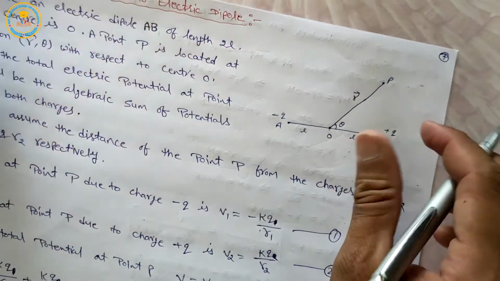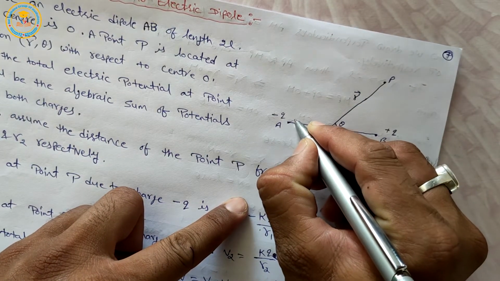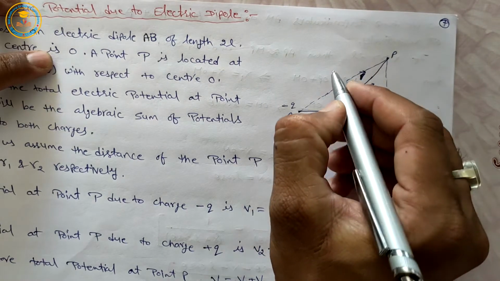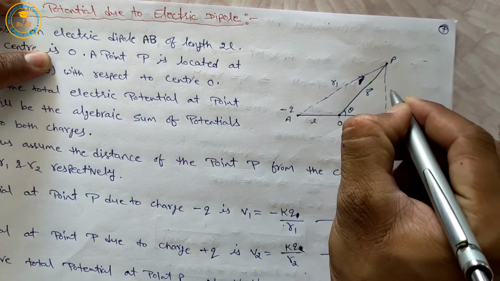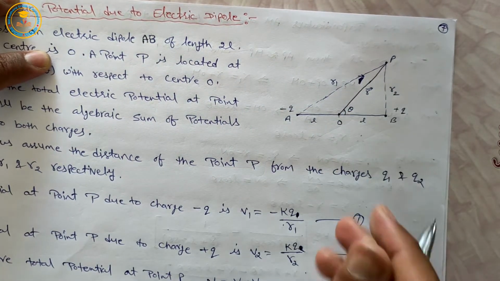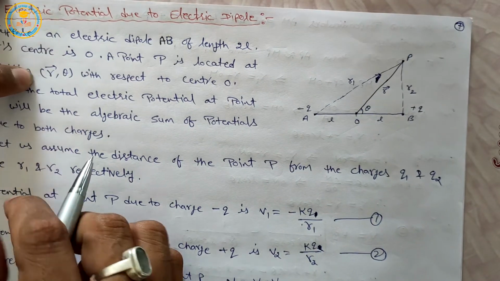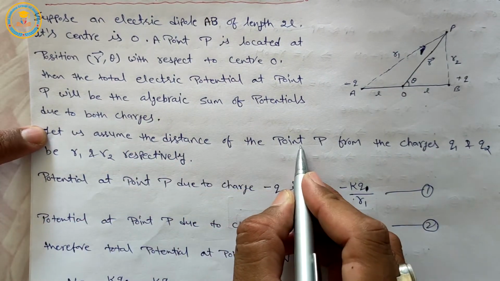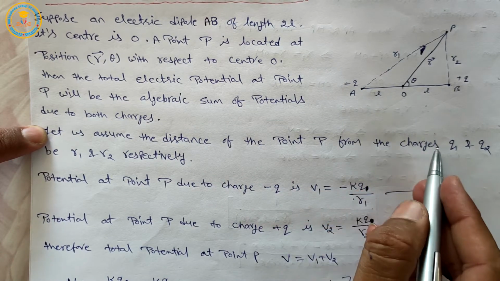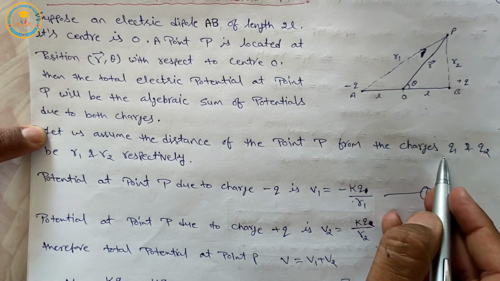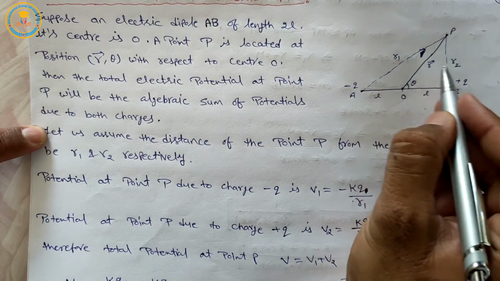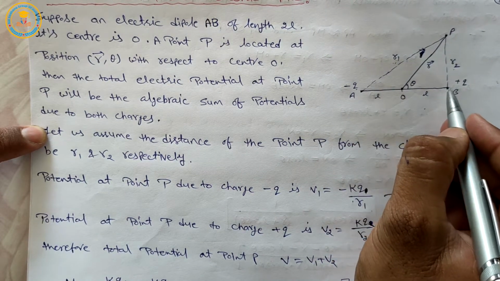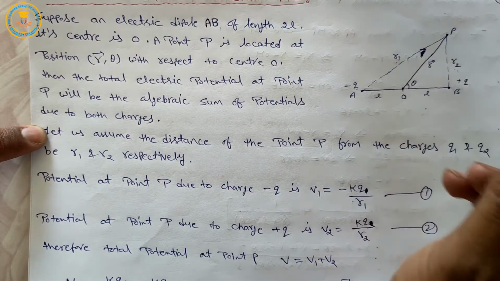Here we consider this distance r1 and this is r2. Okay. Now let us assume the distances of the point P from the charges q1 and q2 be r1 and r2 respectively. From q1 it is r1 and from q2 it is r2.